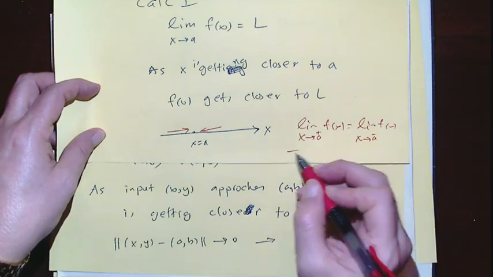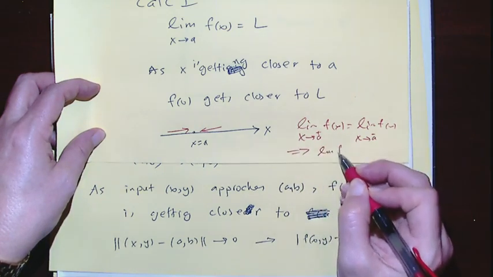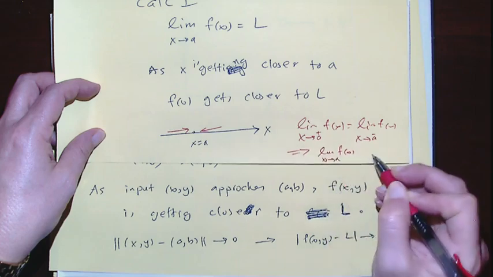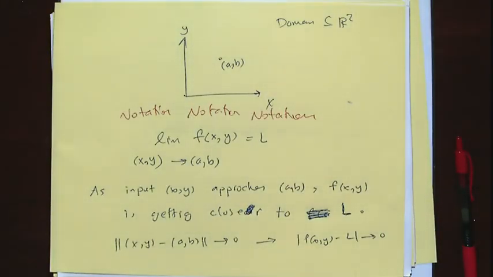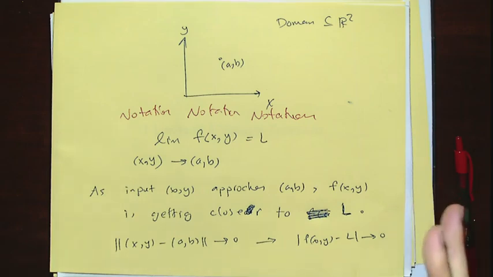And that gives you, therefore, that the limit exists. If only Calc 3 was this simple. It turns out there are ways that are even simpler, but it's not that simple.